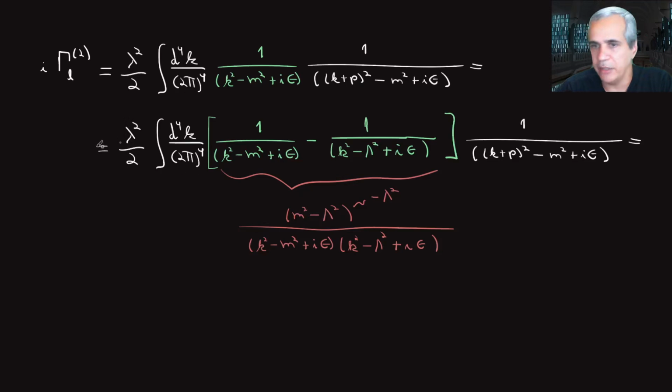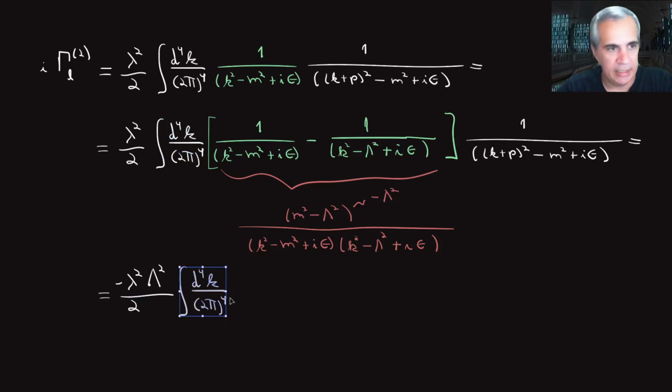So there's a minus here, so I have minus little lambda squared at front. I have this capital lambda squared here, over 2. This just repeats. And then I have these denominators.